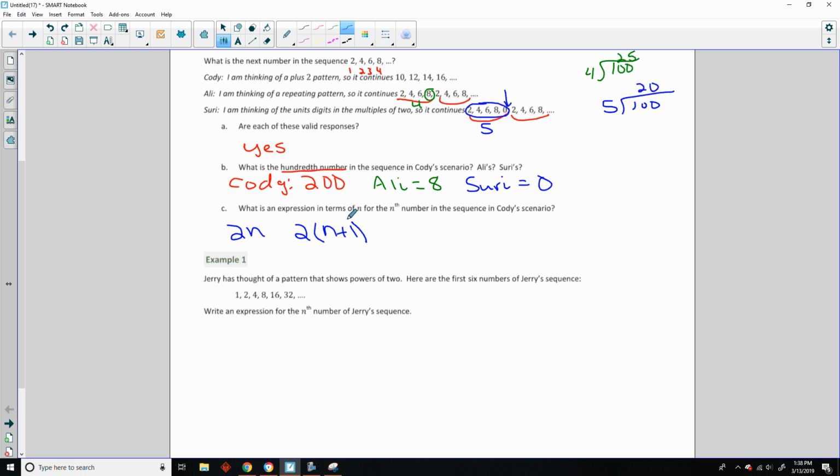We'd have to start at n equals 0 for this one. So 0 plus 1 is 1, 2 times 1 is 2. The second term: 1 plus 1 is 2, 2 times 2 is 4. So in this case, we'd have to start at n equals 0.